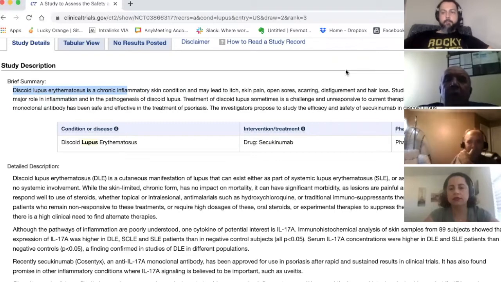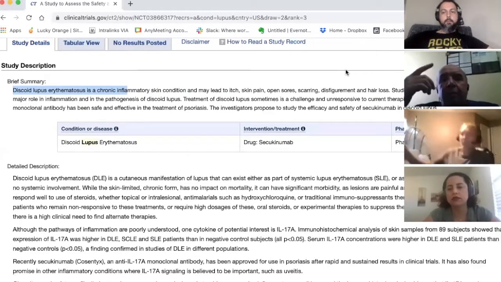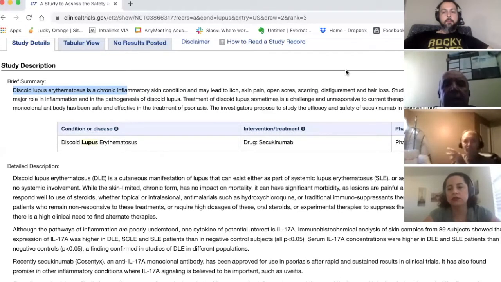This one can attack the skin, in any area of the body from the extremities to the hair. You see it mainly in the hair, and it's diagnosed mainly by biopsy.